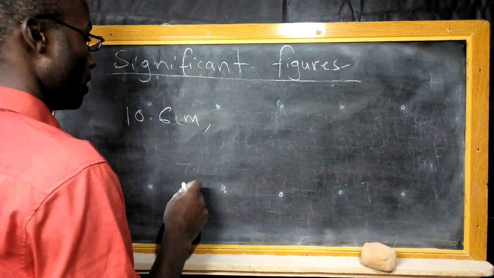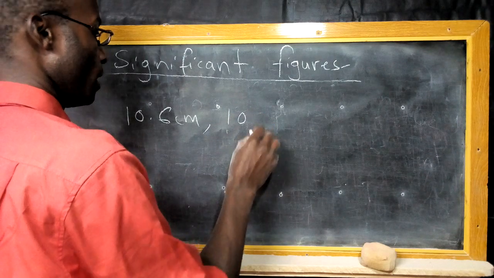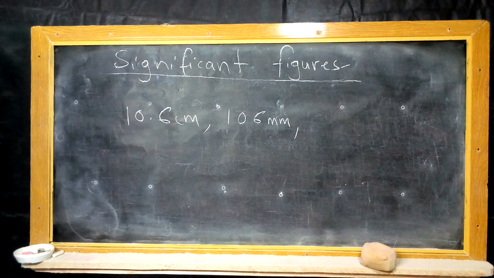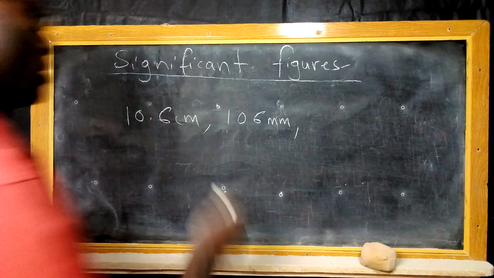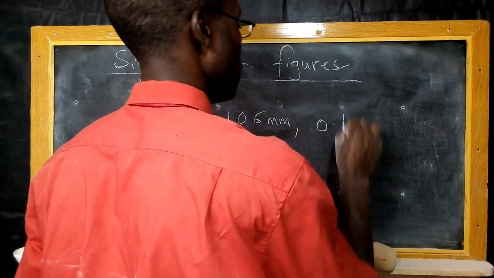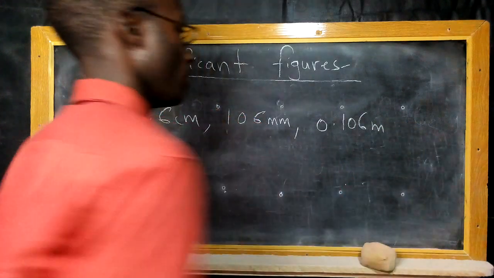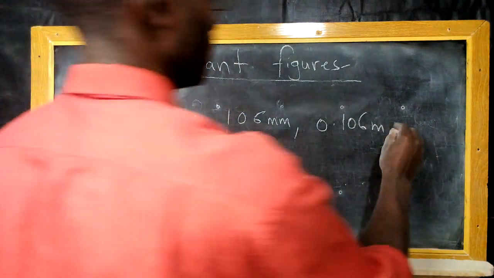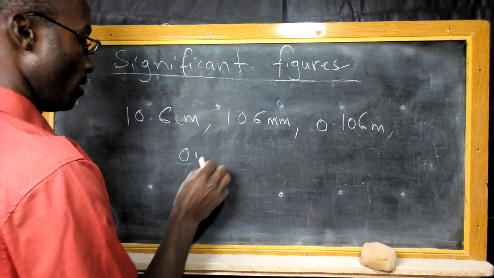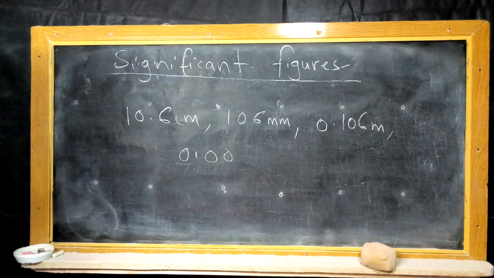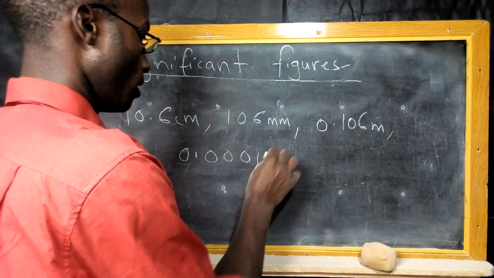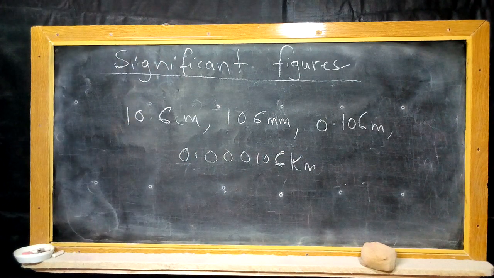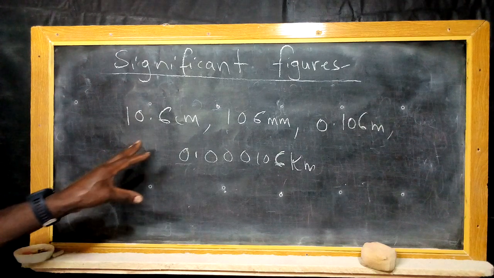I can express this in terms of millimeters, which is 106 millimeters. I can also express this in terms of meters, which is 0.106 meters, and which can still be expressed in terms of kilometers, which is 0.0000106 kilometers.